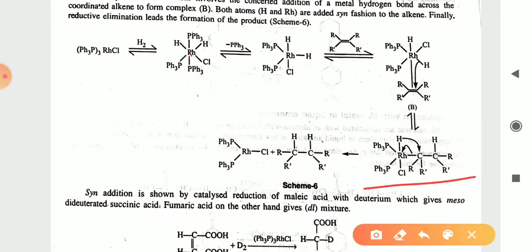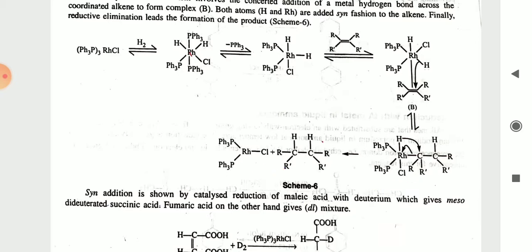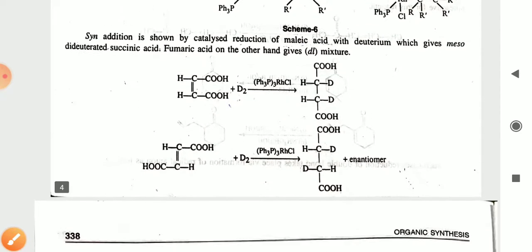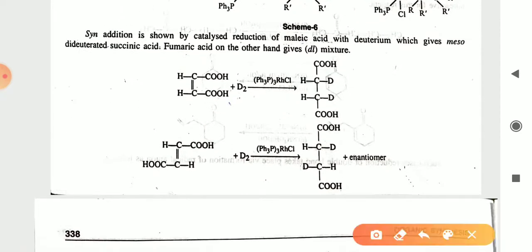Okay, now what happens in the reaction? This is the complex form, and by the cleavage the hydrogen will shift here and you will get the product here. So this kind of reaction is a syn addition. You can see in another example the double bond present over here is reduced in the presence of 2 moles of deuterium, and also the carbon-carbon double bond is reduced.